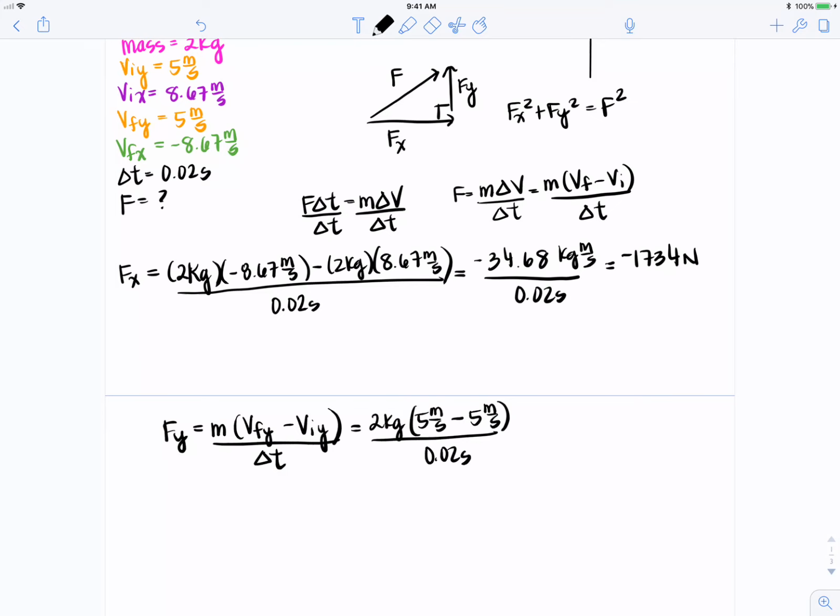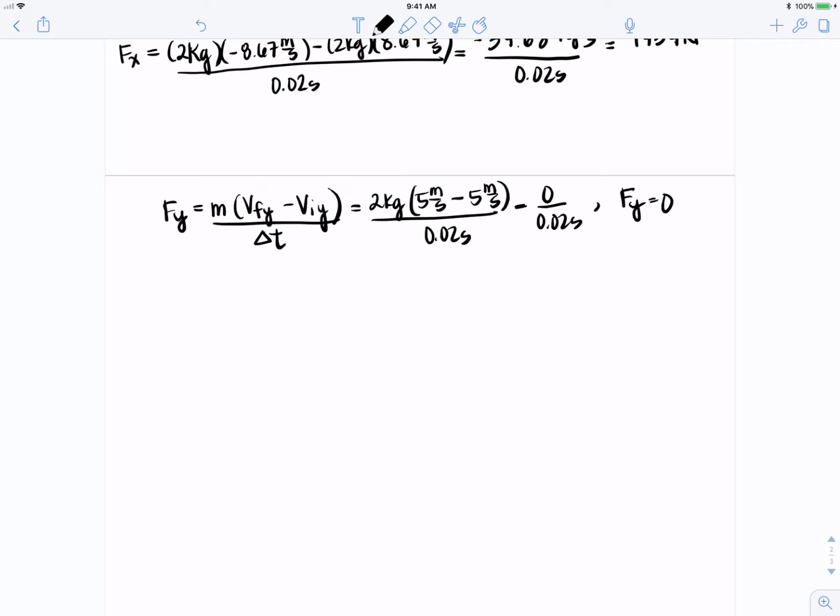Now 5 minus 5 is 0, so our entire numerator is 0. It doesn't matter what our denominator is. Fy equals 0. So that means that all of the force is in the x direction, and there is no force in the y direction.